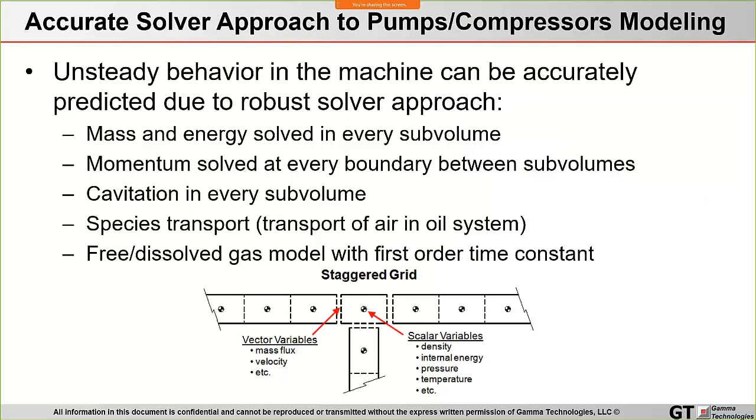Now, the physics behind the solver in GT Suite is that the solver is inherently transient, and it allows for unsteady flow due to the nature of the way we solve our equations. And inside the flow solver, we're always solving the Navier-Stokes equations.